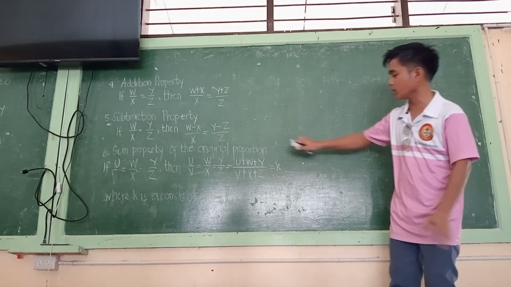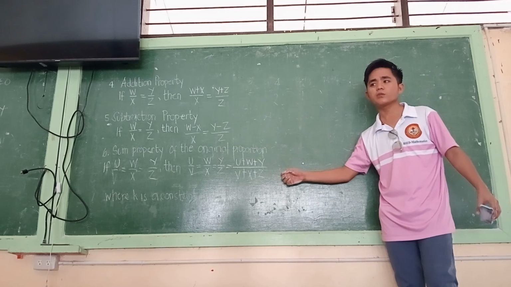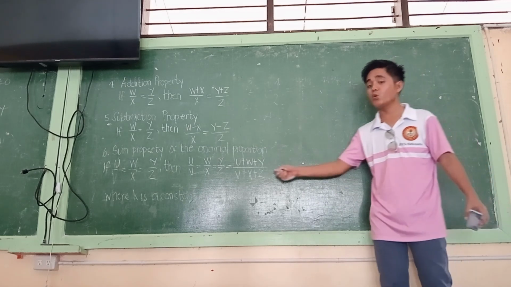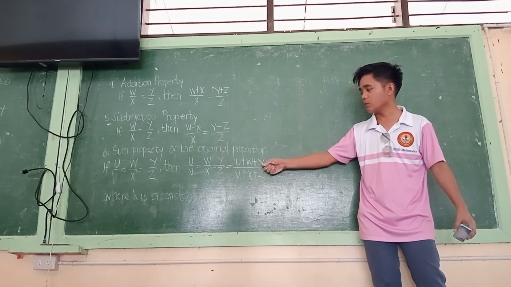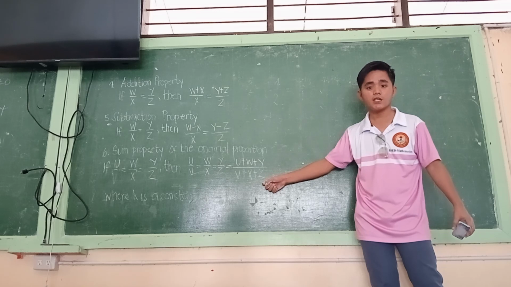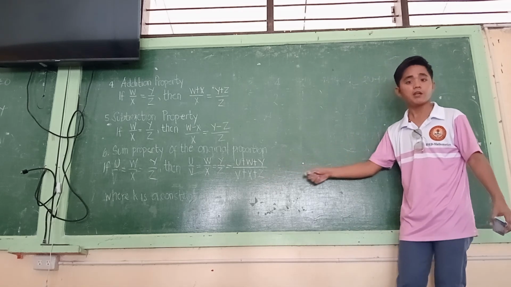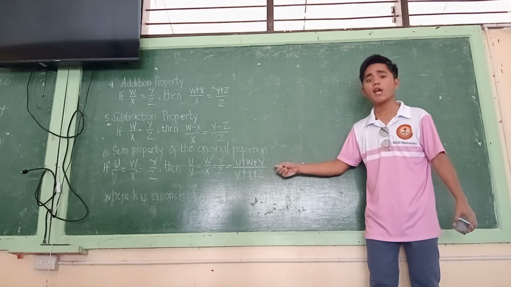You can disregard the k, because some books write it this way: u plus w plus y over v plus x plus z, without the equal to k. But some books are very particular, which is why they include the k.